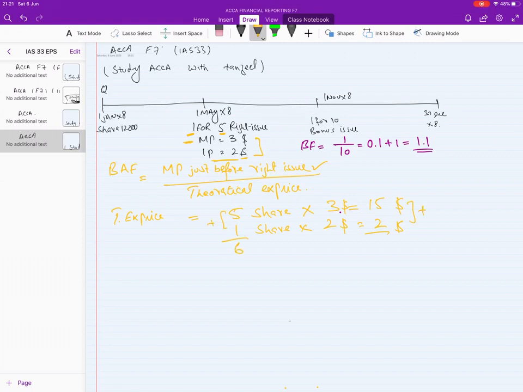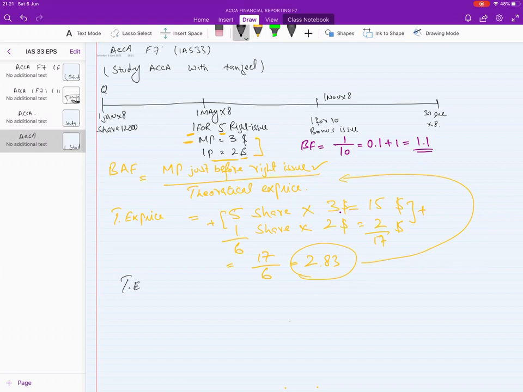And if you have 17 total cost, if you divide total cost by number of shares, you will get the TERP, which is 17 divided by 6, 2.83. Okay, put this in this formula.